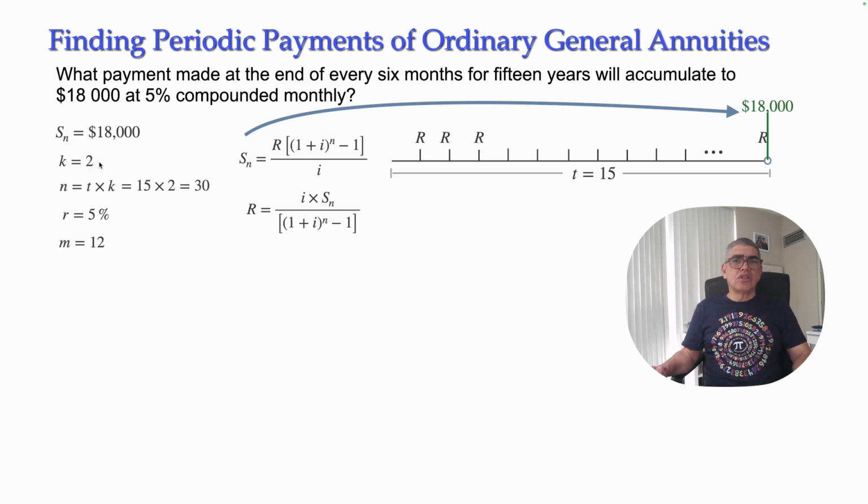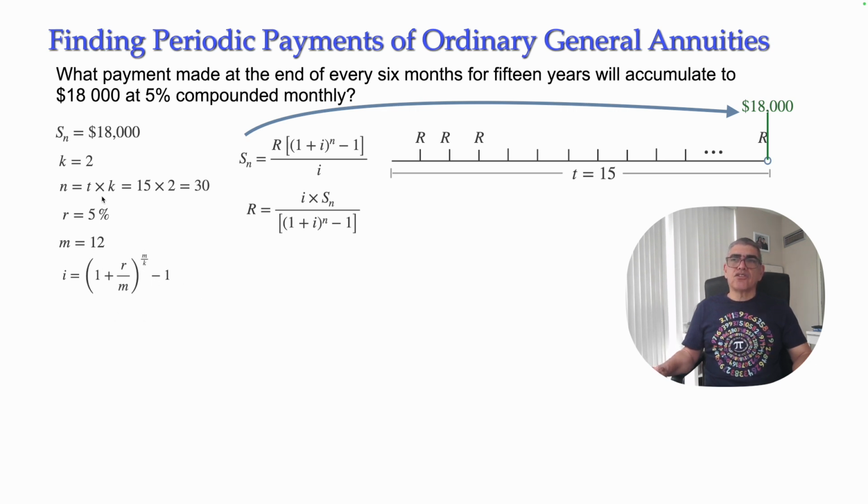So this indicates that this is a general annuity, and I need to compute I using this formula: 1 plus the nominal rate of interest divided by the number of conversion periods, to the power number of conversion periods divided by the number of payment periods, minus 1.